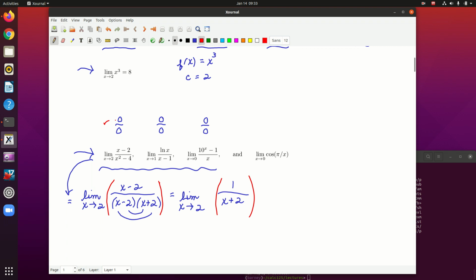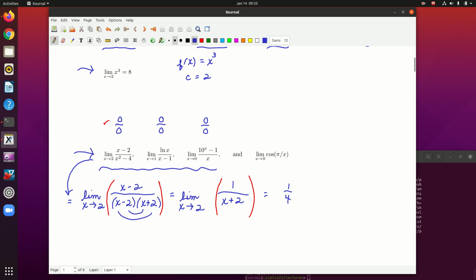That's why we're allowed to cancel them. And now we know that as x approaches 2, we get 2 plus 2, so we're going to get 1 over 4. So for this first limit, which started off in that 0 over 0 form, we could use some algebra and remove the problem and then come up with an answer.